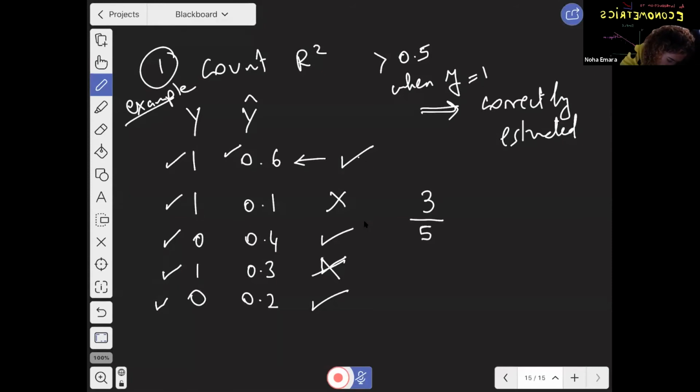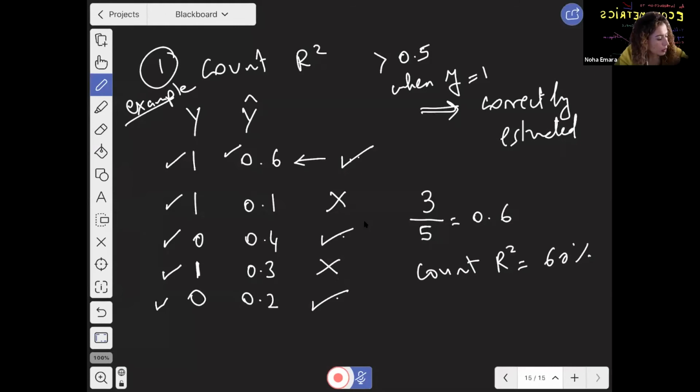Okay, I just want to make sure that this one is clean because this one is 1, less than 0.5, not correctly estimated. So how many correctly estimated? 1, 2, 3, 3 out of 5, or 0.6. The count R square is equal to 60%. So it keeps counting how many times the observation is correctly estimated.